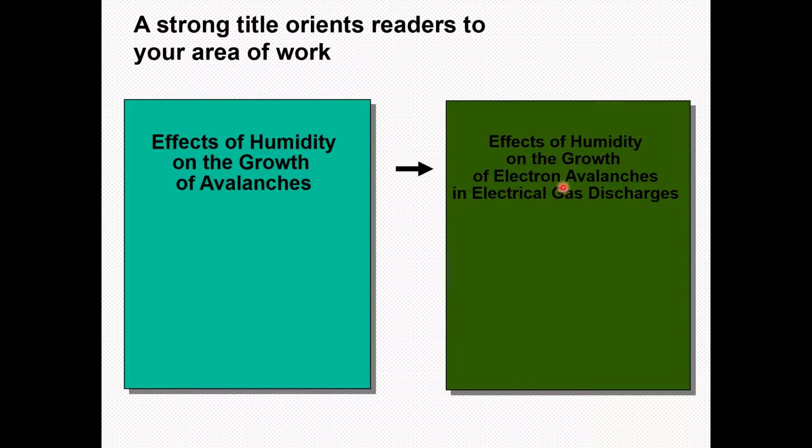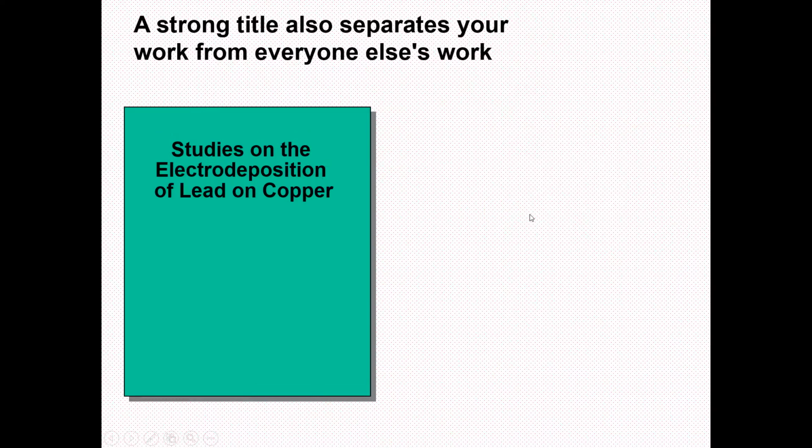But if you look at this title, here we have the information about the avalanches, that is free and forced: growth of electron avalanches, that is, the avalanche is a free length with the electron and a forced length, and electrical gas discharge. In the first title we have neither free nor forced information about the avalanches. So this kind of importance should be considered while choosing a title for your scientific documents.